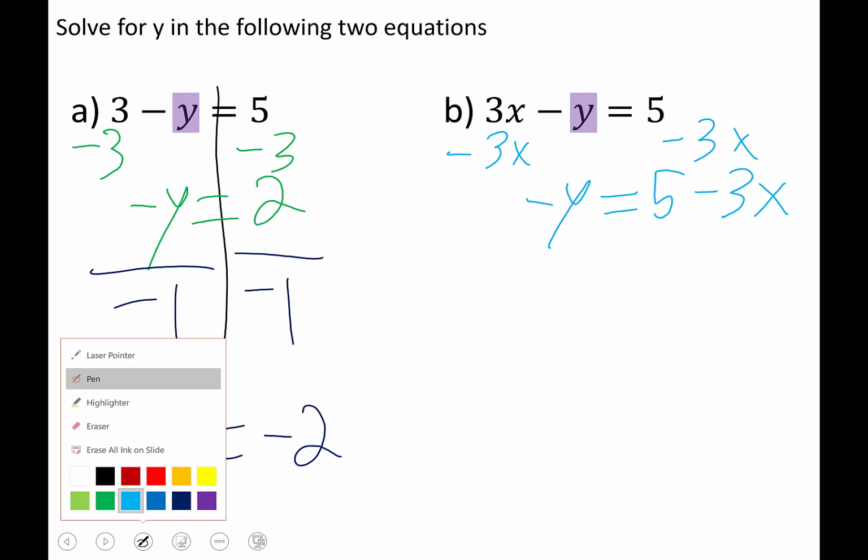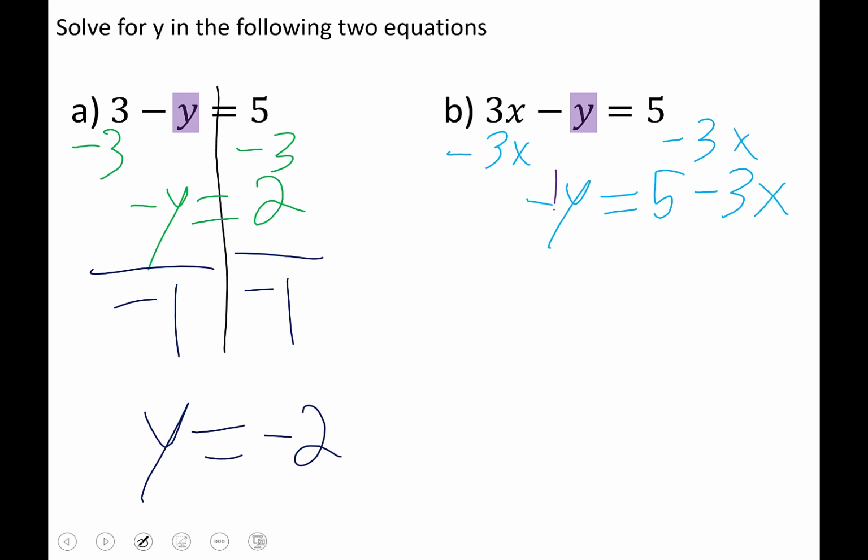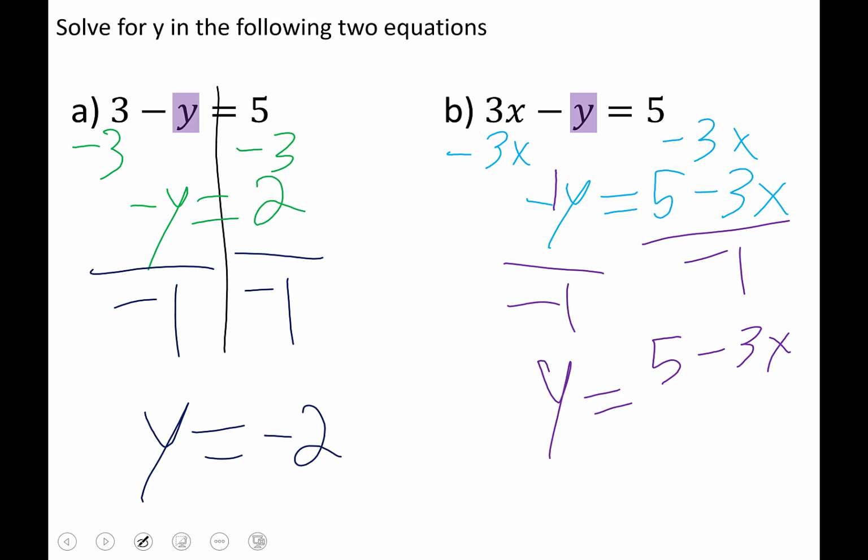I still have that negative in front of the y, so I'm going to divide by negative 1, and I get y is equal to 5 minus 3x divided by negative 1.